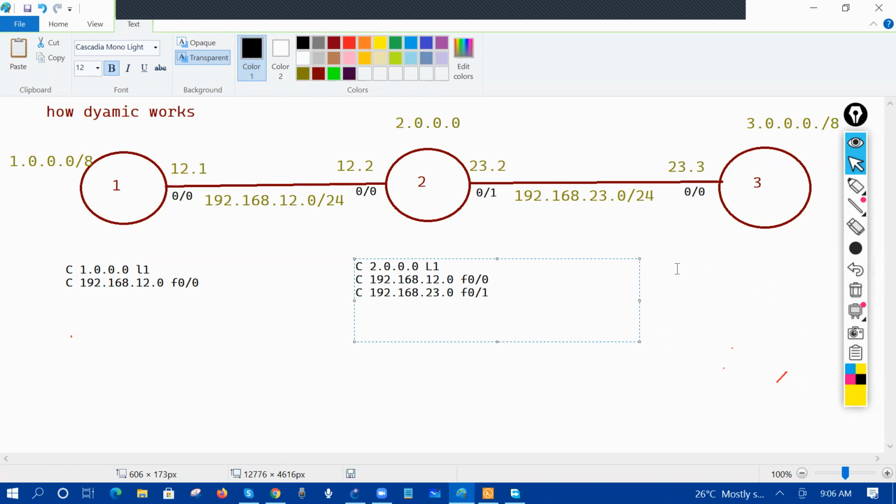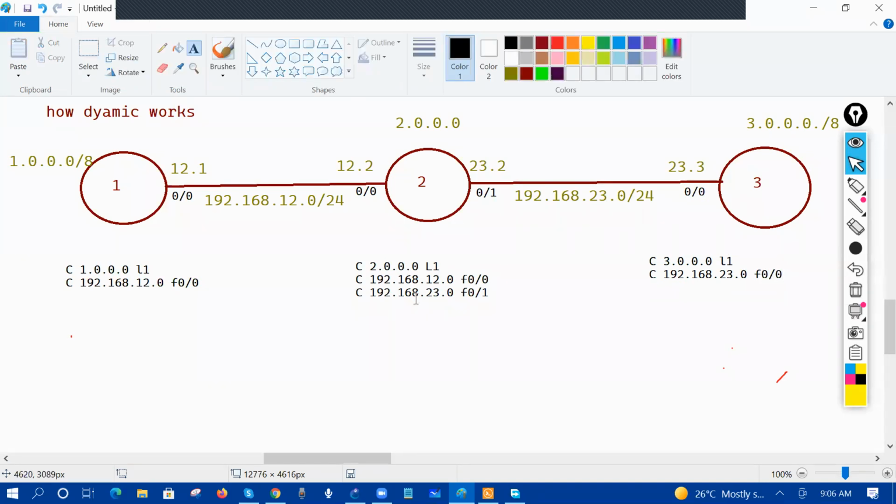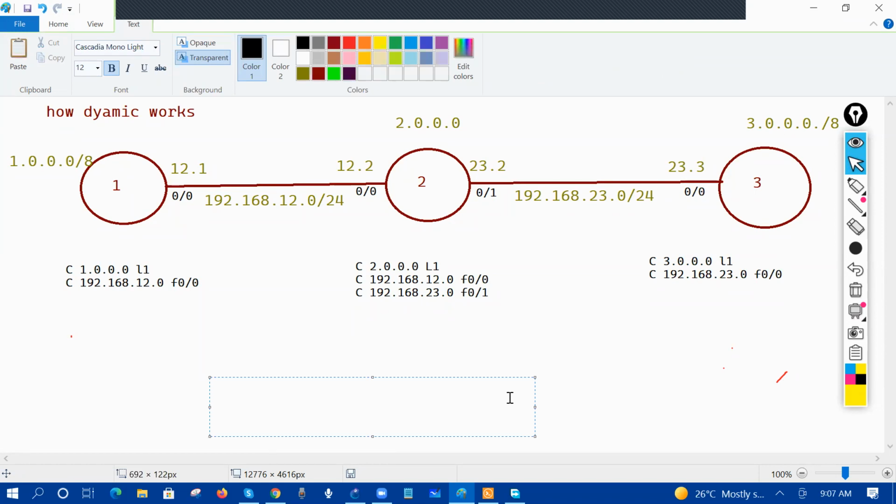Or the R3 routing table we have. Right? Now, try to understand. I'm just introducing one dynamic routing protocol.